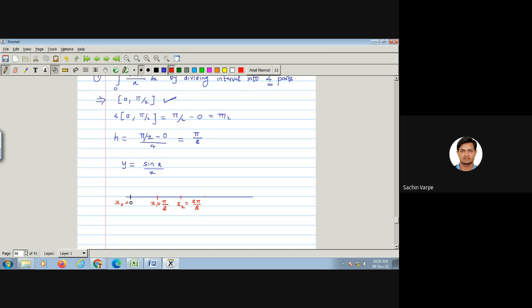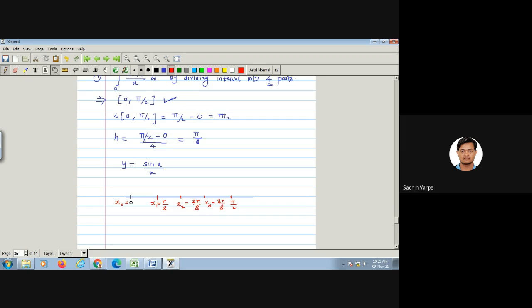Then x3 is x2 plus h, so 2 pi by 8 plus pi by 8, that is 3 pi by 8. And x4 will be 3 pi by 8 plus pi by 8, so 4 pi by 8, that will be pi by 2.